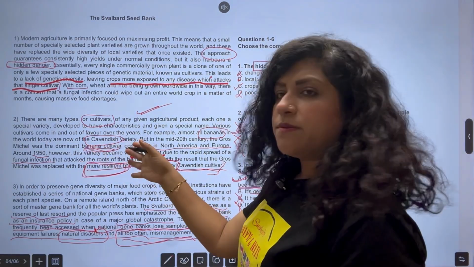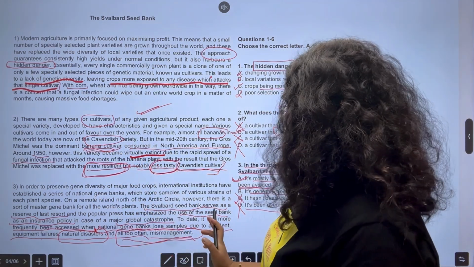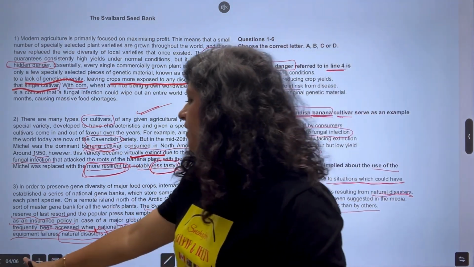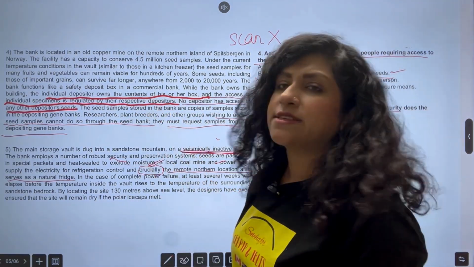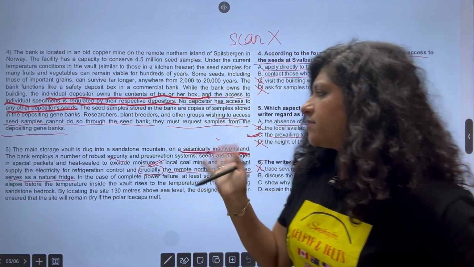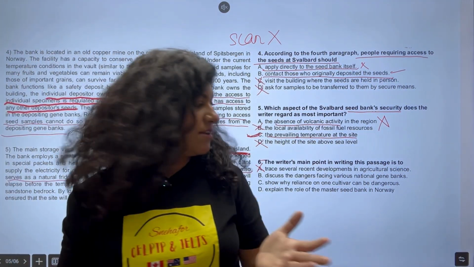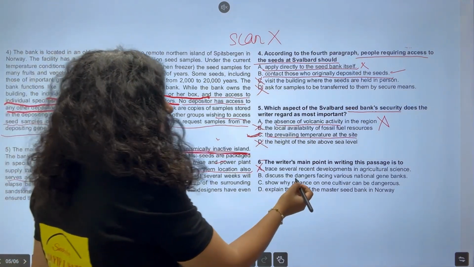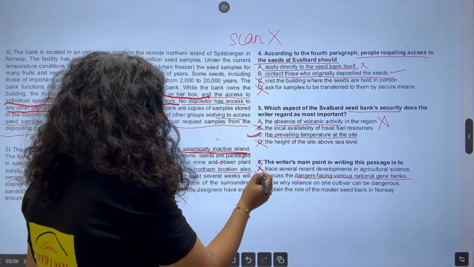Then B was about the history. C was about the use of the seed bank. The fourth para that we just read was about who can access. And the last para is about its important aspects, different aspects. We do not see anything related to dangers facing various national gene banks. That's not at all there.